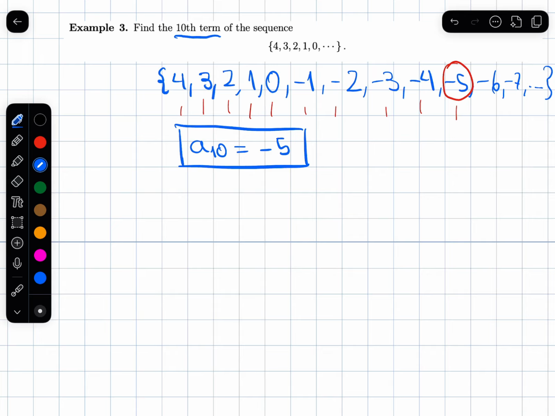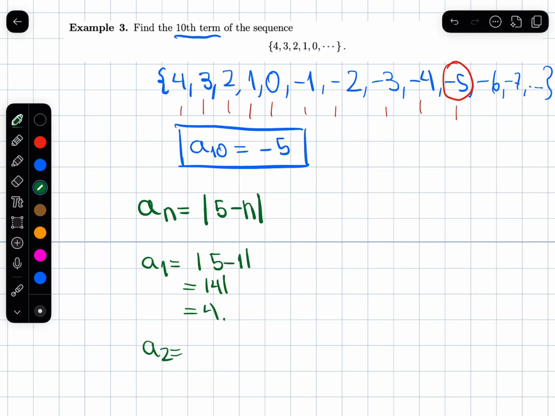A very, very common different way to interpret this question would be to think about something simple like a_n equals the absolute value, say, of 5 minus n. And when I think about it that way, you can see by calculating with this formula, a1 is absolute value 5 minus 1, which is absolute value 4, which is 4.